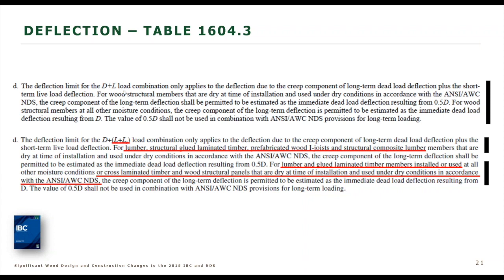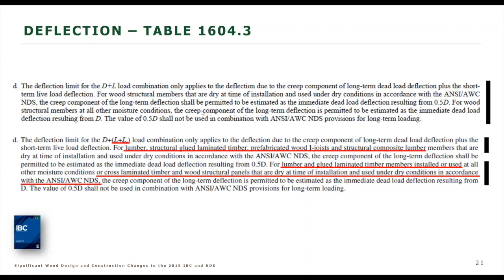Well, that only included live load for a threshold of less than 20 pounds per square foot for roof live load. Well, now this incorporates both dead and live load for regular live load, a floor live load, and extends it also to all roof live load to check for our deflection limits.